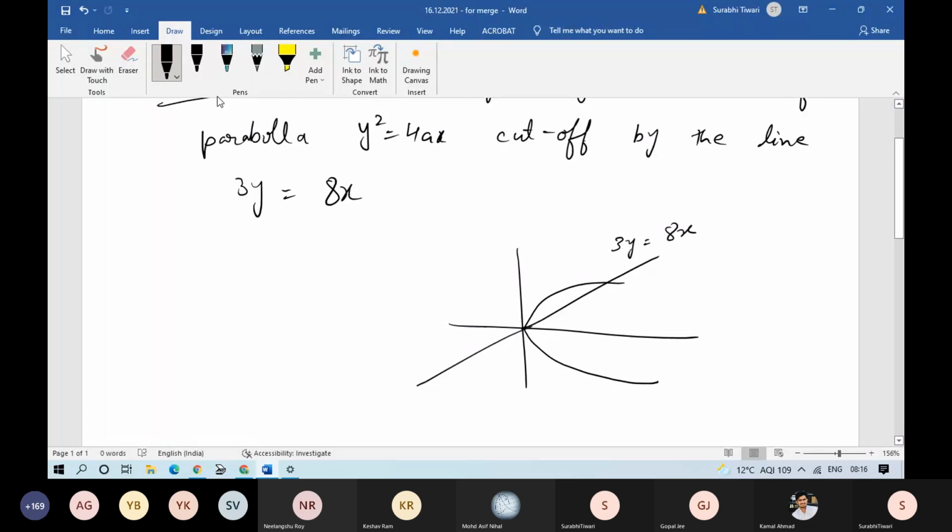So first of all, find out the point of intersections of the parabola and the line. So x is equal to 0 and 9a/16; these are the points of intersection.